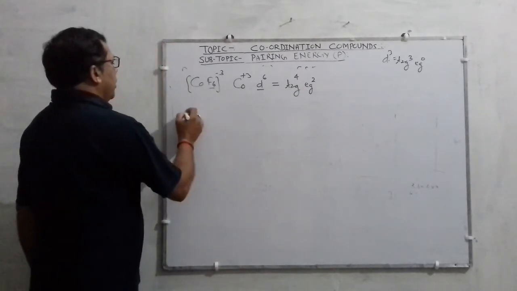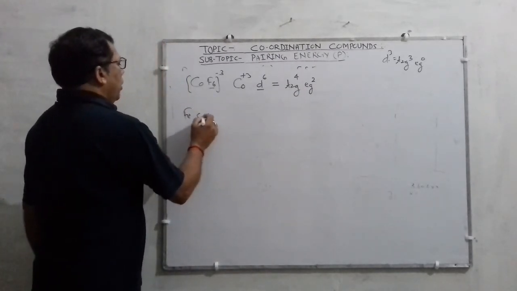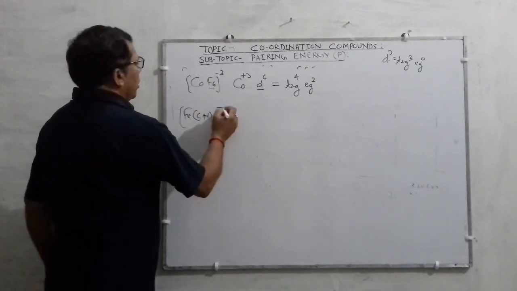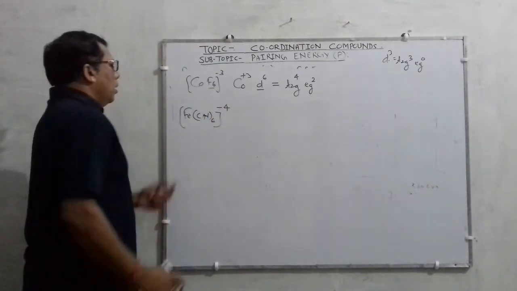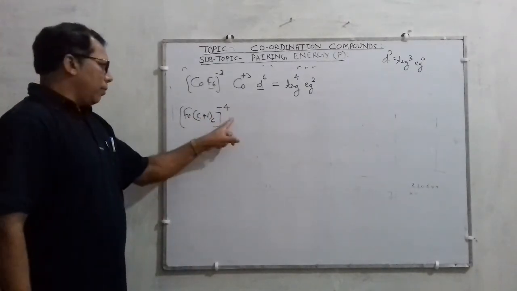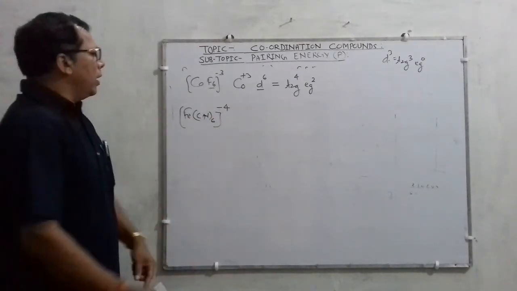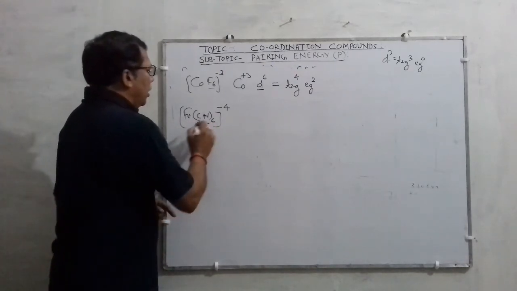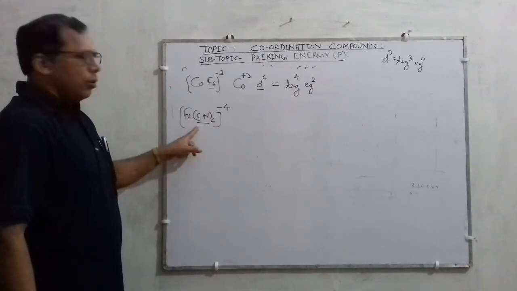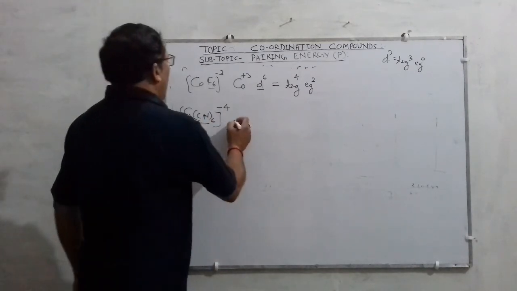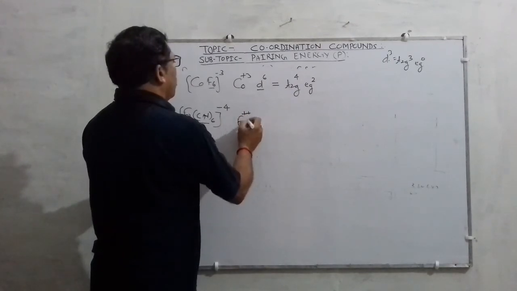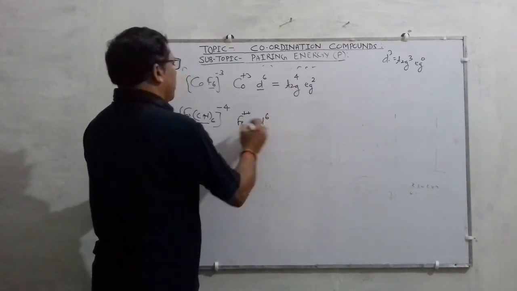Another example I am taking. Suppose we have to write the electronic configuration of the complex Fe(CN)6 4-. How will you write it? In this, children, since CN is a strong field agent, the oxidation state of iron is +2 and it will be in d6 state.